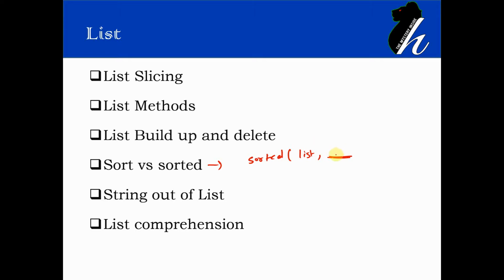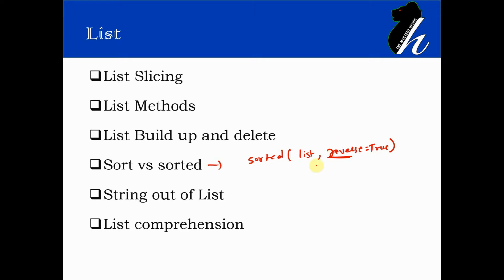If you want to do reverse sorting, or organize your list in descending order, you can write reverse equals True here. It performs the sorting in reverse order. The sorted function is easier to use compared to sort, and that is why it is recommended.